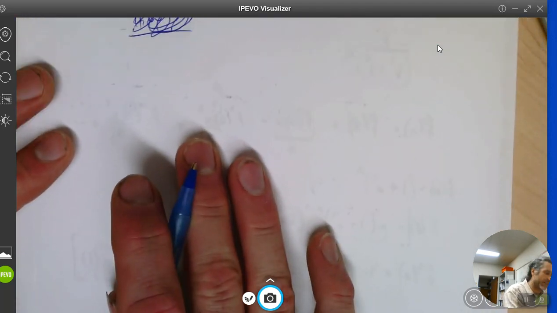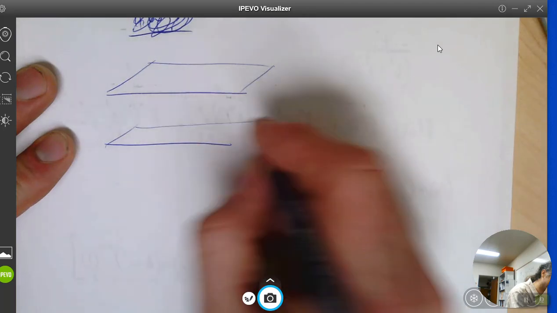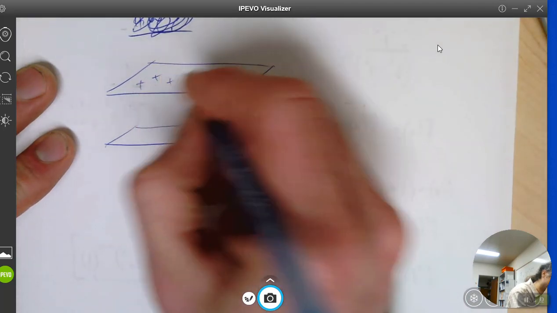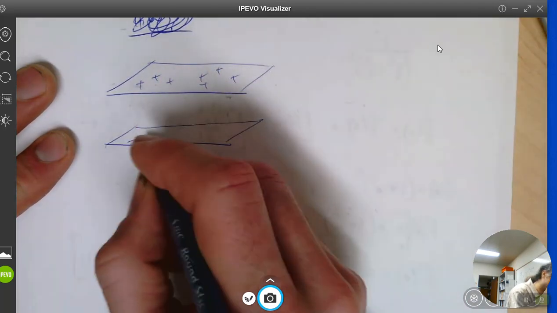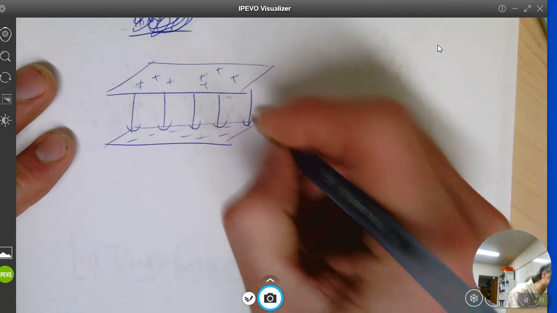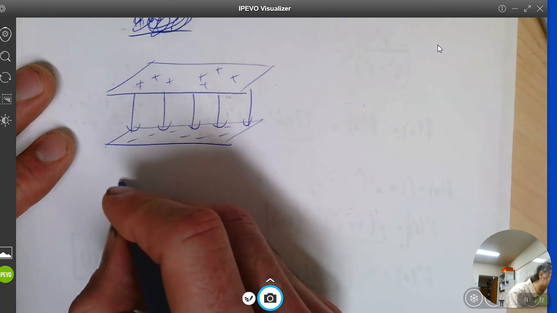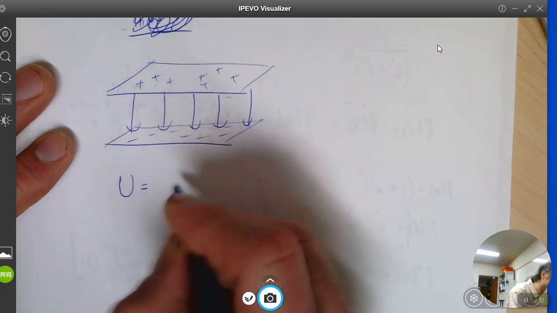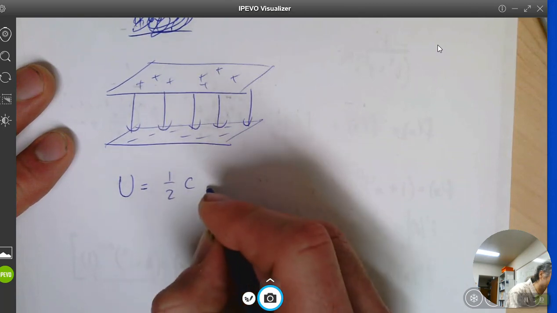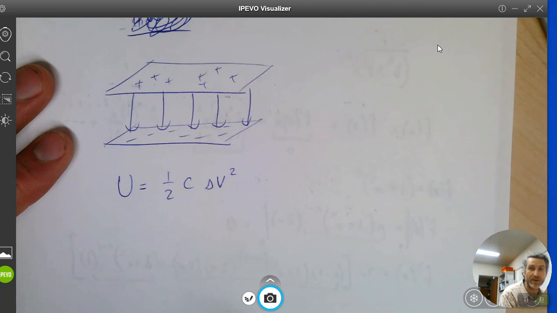Here's something that I thought was interesting when I was thinking through this again. Earlier we looked at a pair of capacitor plates, and say that this one has a bunch of positive charges and this one has a bunch of negative charges, then there's going to be an electric field in between these plates. We saw that the energy stored in a capacitor is either 1/2 C times delta V squared, or it's Q squared over 2C.